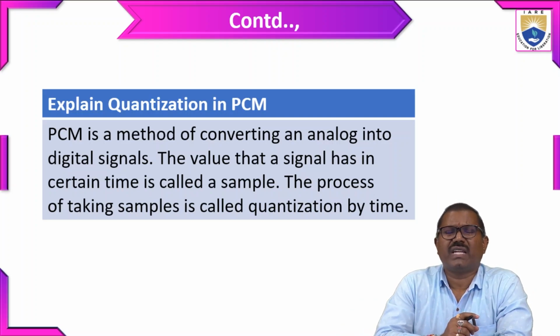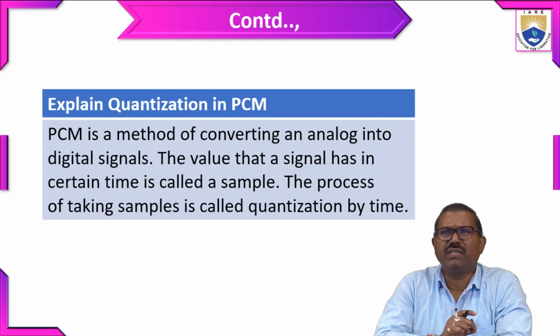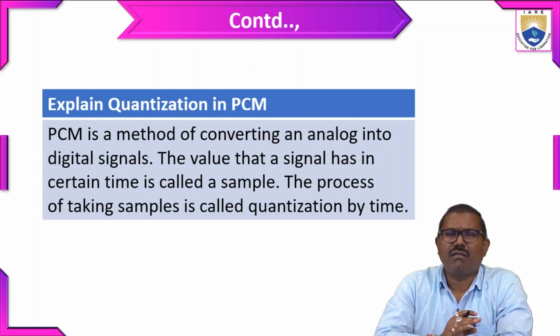What is the difference between analog and digital? In analog, both the message and carrier are in analog form. But in digital, we sample, quantize, and encode, then it converts into digital form.